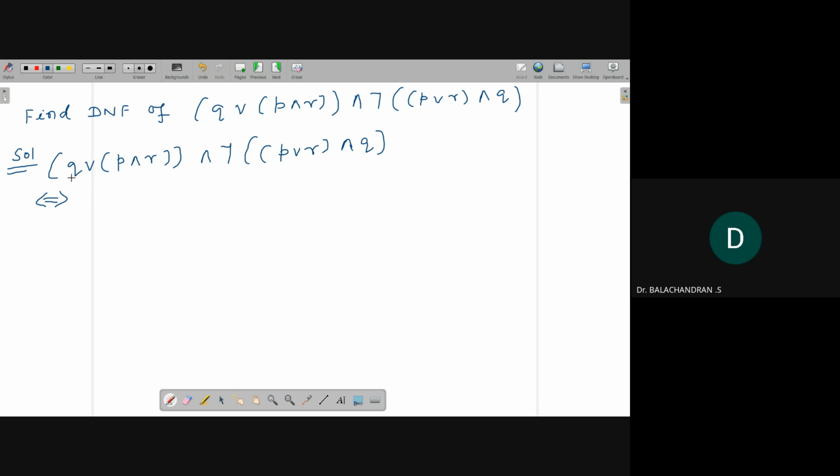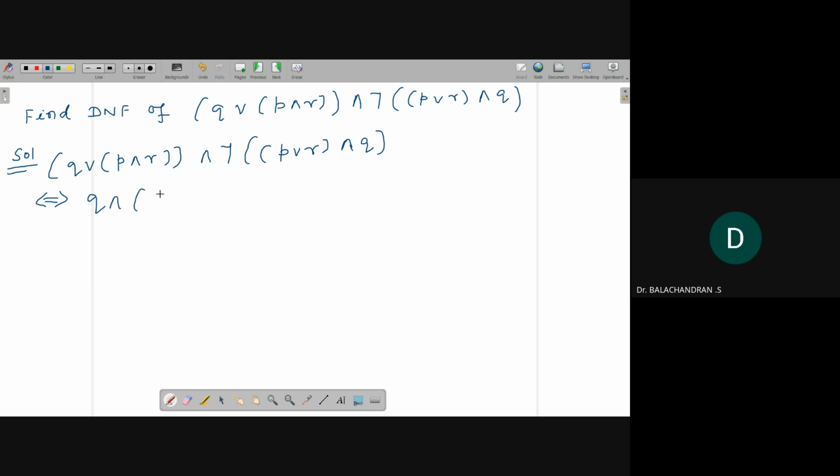If you expand this one, you'll get a product of sum, but we need a sum of products. So that's why I'll keep this one as it is.